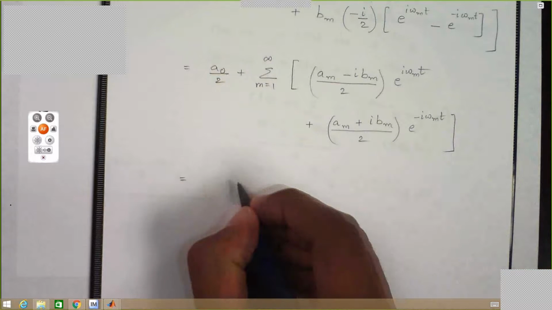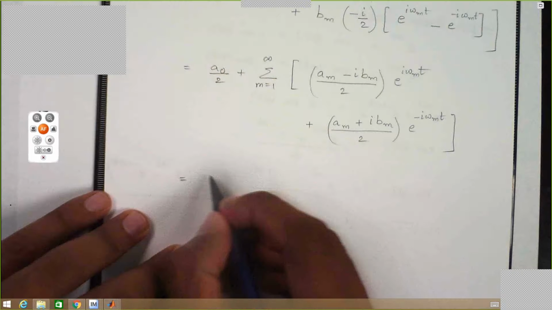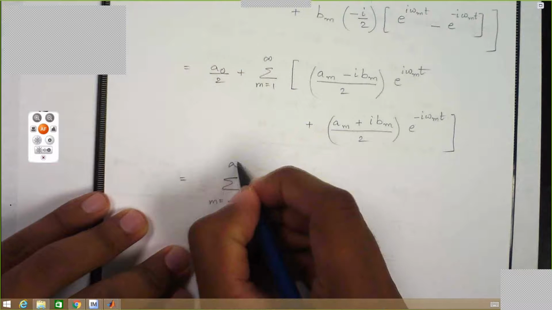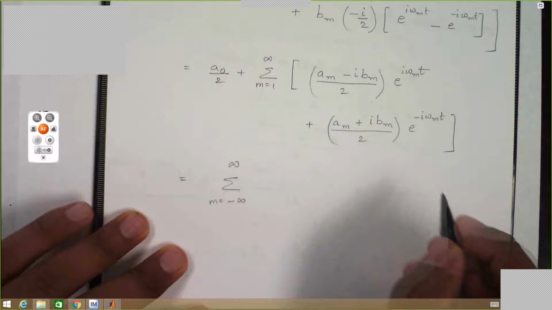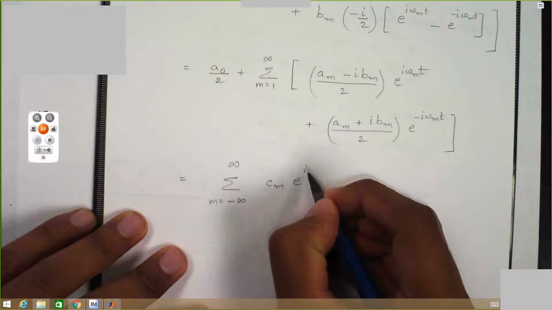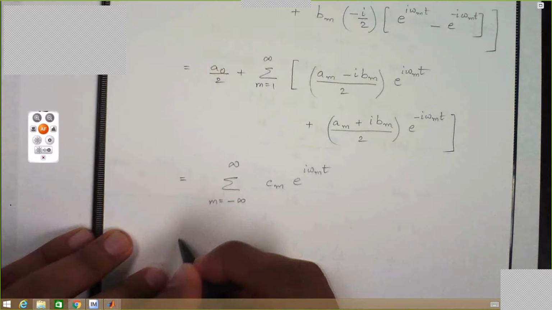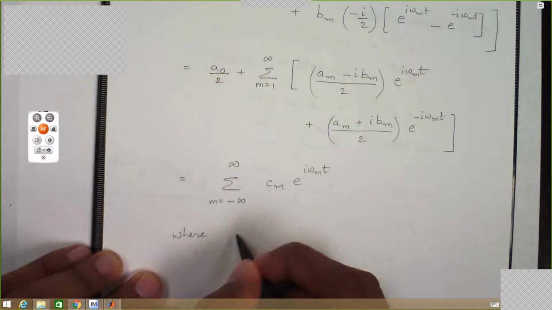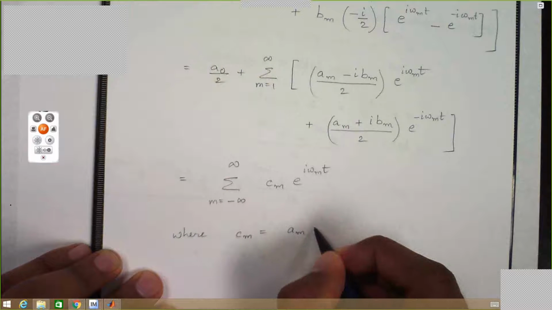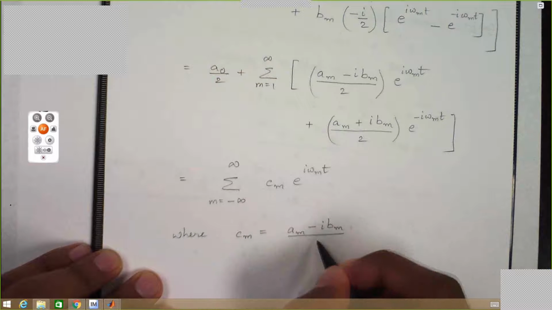So if we define, let me just write this down, summation from minus infinity to infinity of Cm e to the power i omega m t, where Cm is equal to am minus i bm by 2.